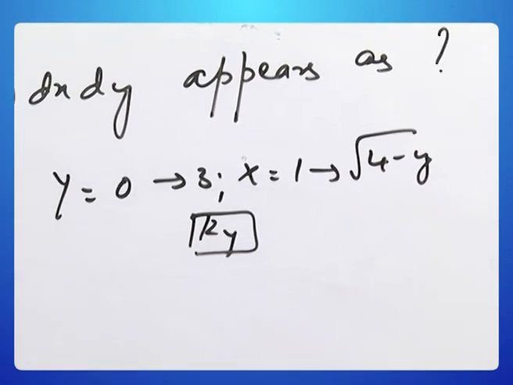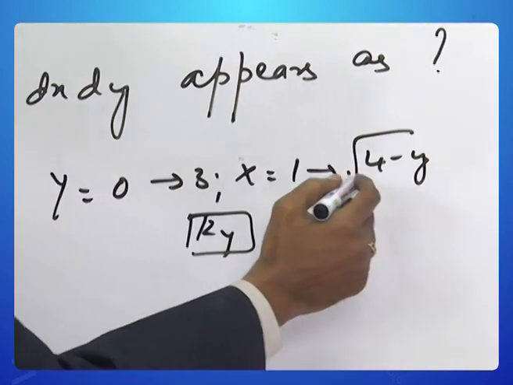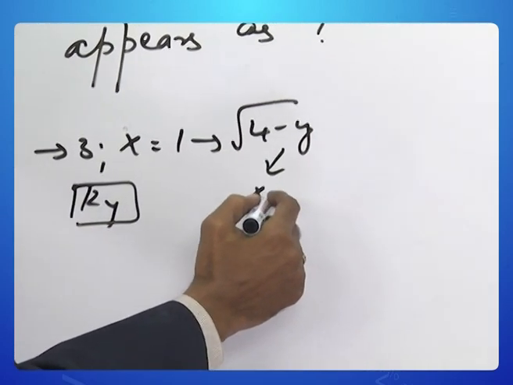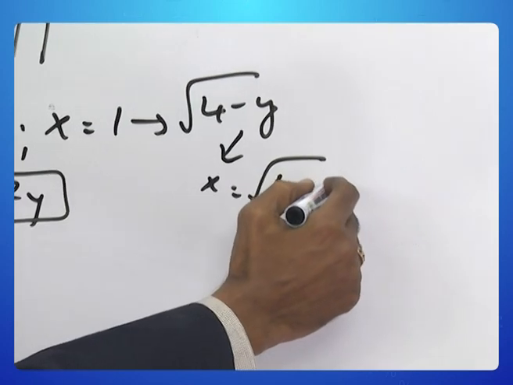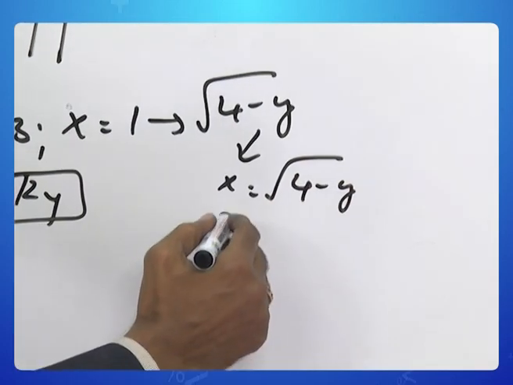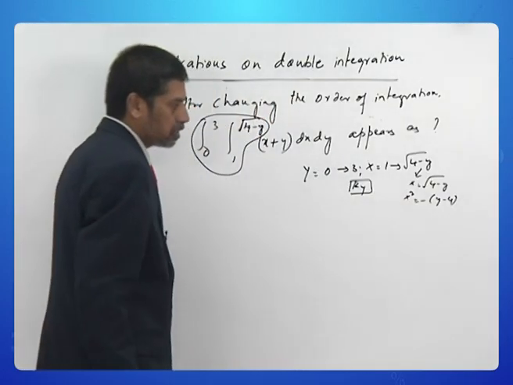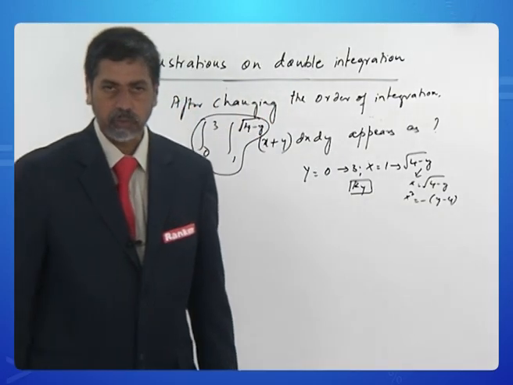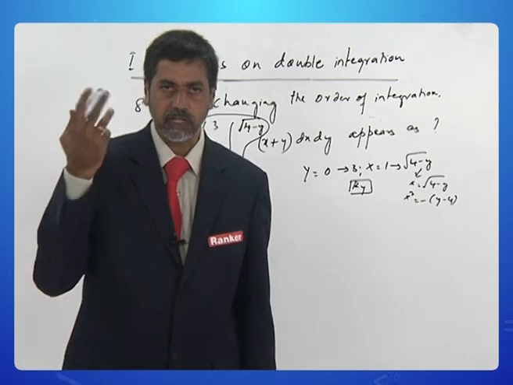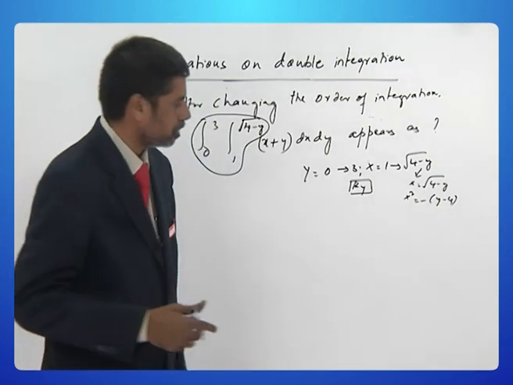How to understand? If you look at this one, this is nothing but x is equal to square root of 4 minus y. So, x square is equal to minus of y minus 4. So, that is a vertical parabola having vertex above and mouth downwards.